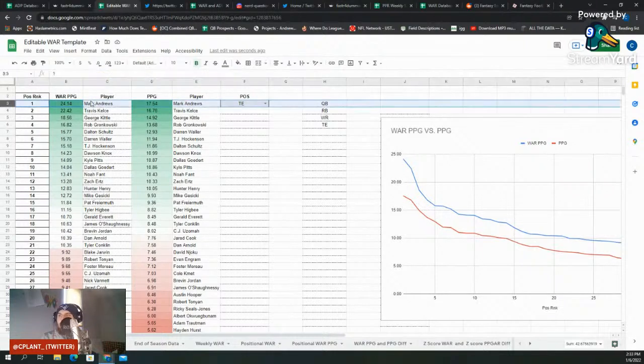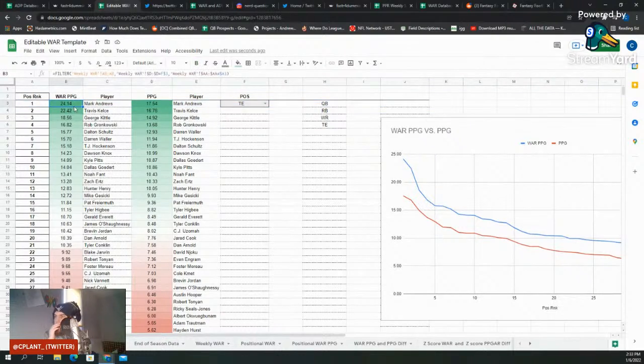So you can see this is actually how much they help you win games, based off of the replacement level player at that position. And then this is just their points.